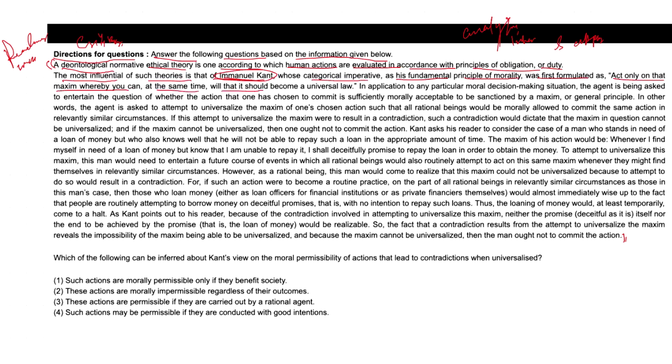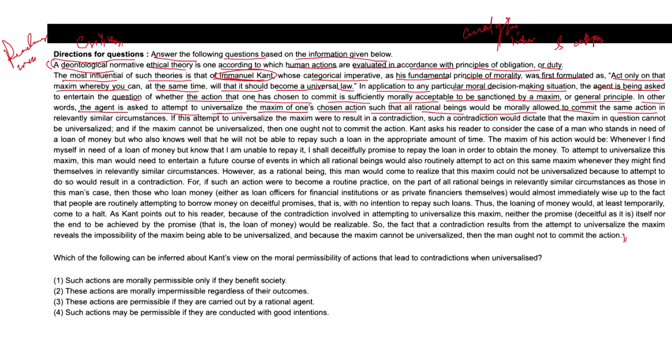In application to any particular moral decision making situation, the agent is being asked to entertain the question of whether the action that one has chosen to commit is sufficiently morally acceptable to be sanctioned by a maxim or general principle. In other words, the agent is asked to attempt to universalize the maxim of one's chosen action such that all rational beings would be morally allowed to commit the same action in relevantly similar circumstances.